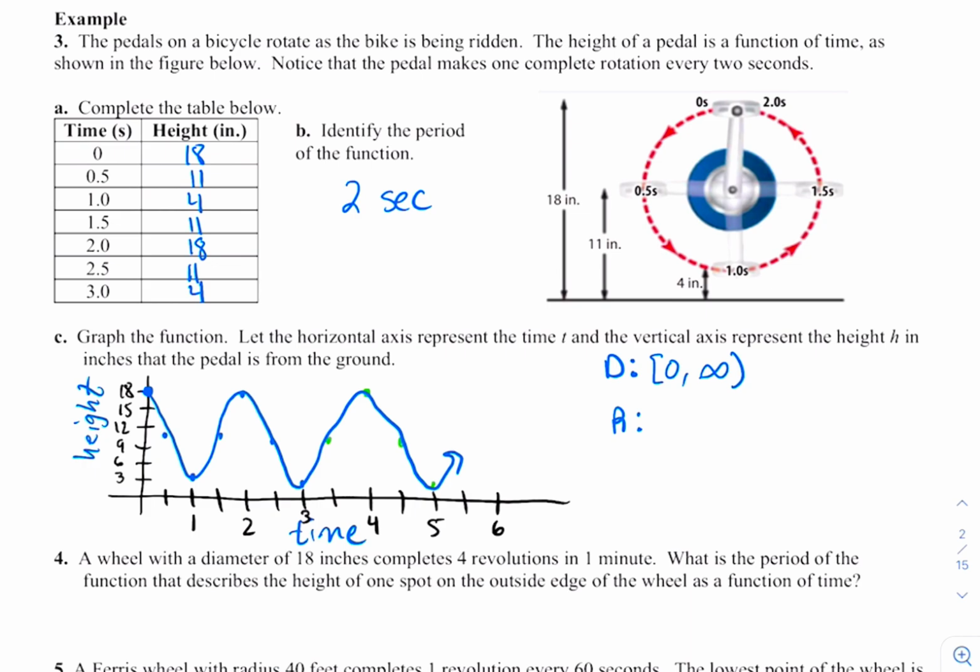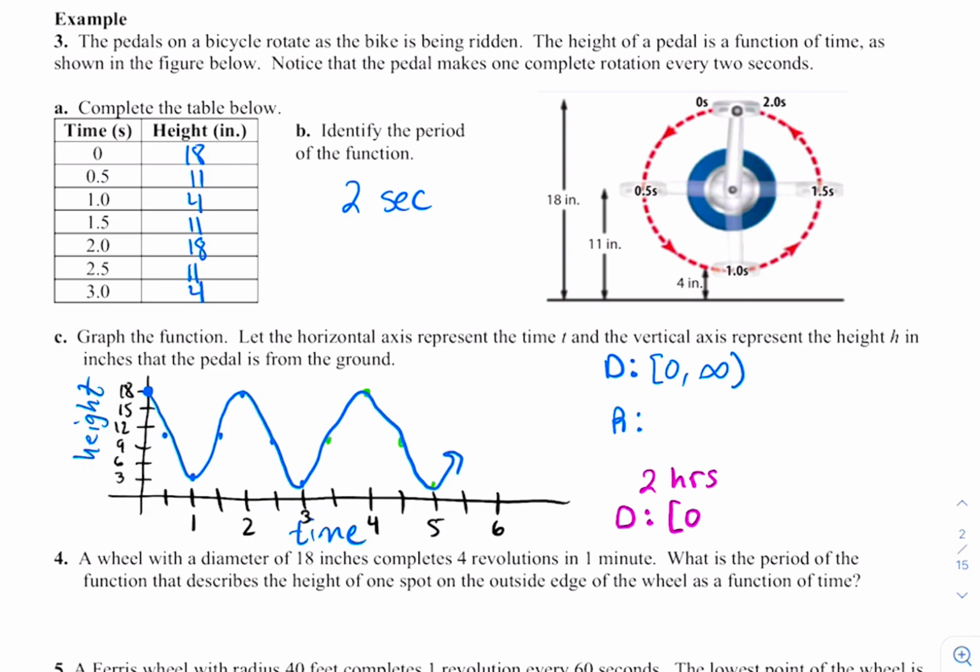But let's say that we were pedaling the bike for 2 hours. So if I know that, then I would need to adjust my domain to reflect that. Now I'm going from 0, but I have to be careful because my time is in seconds. So I need to list my domain in seconds then.